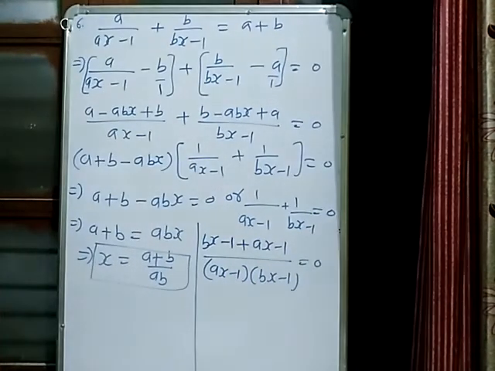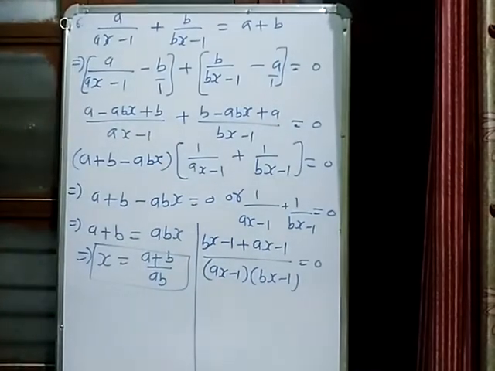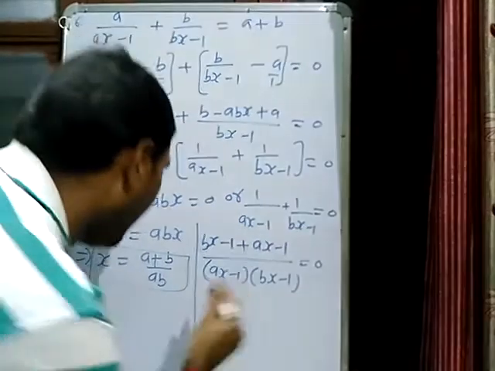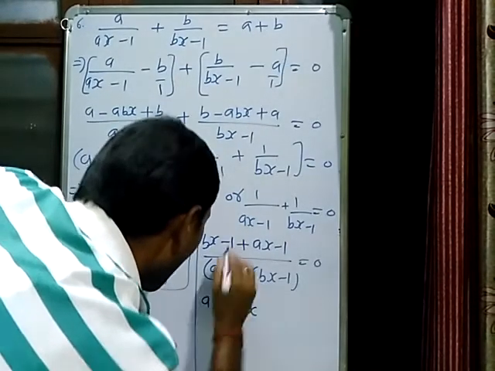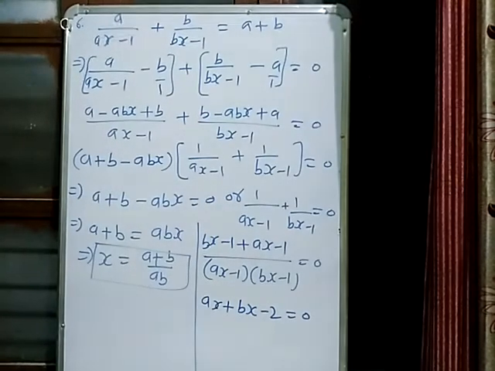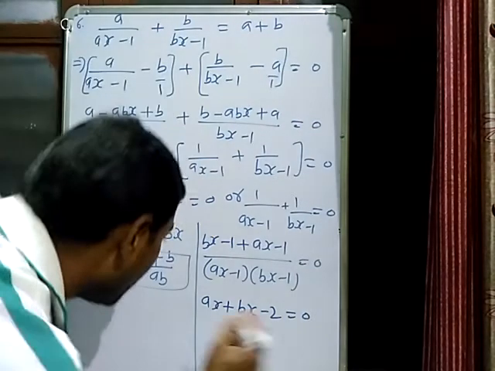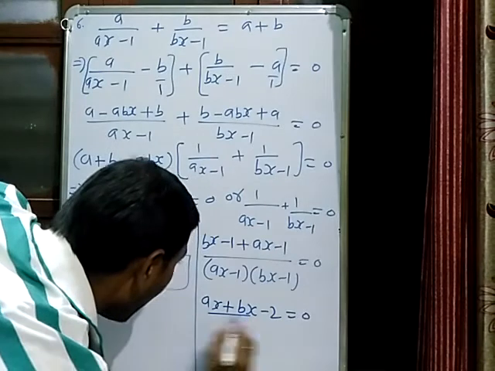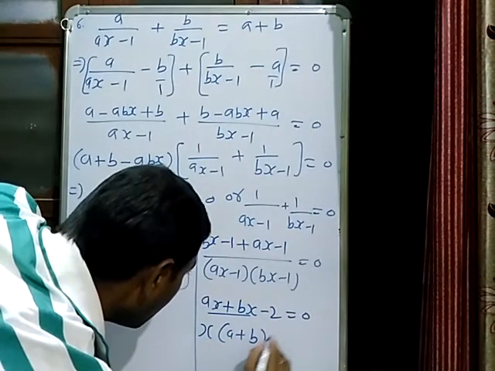If we cross multiply here and multiply with 0, what will you get? Here we get ax plus bx minus 1 minus 1, which is minus 2, equal to 0, correct? And the denominator multiplied with 0 becomes 0. So ax plus bx minus 2 equal to 0. If I take x common in these two, I can write x into a plus b is equal to 2.